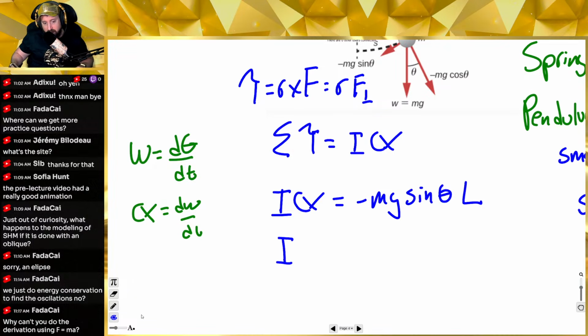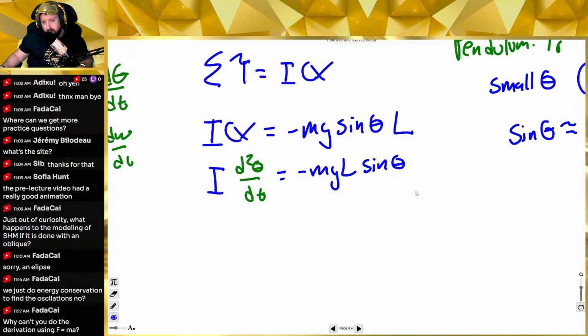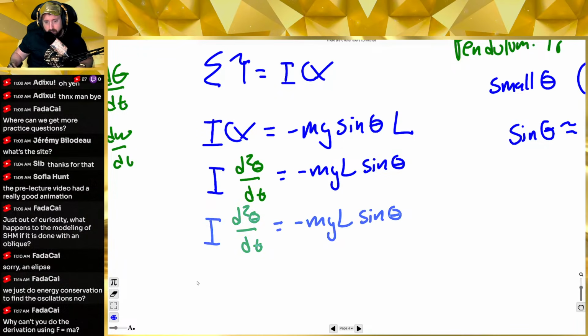So you have I d squared theta dt squared is equal to negative mg L sine theta. Okay. And then I'm going to divide both sides by I. And so we're left with this.